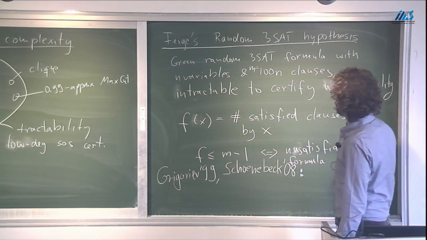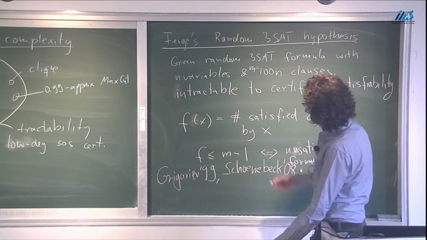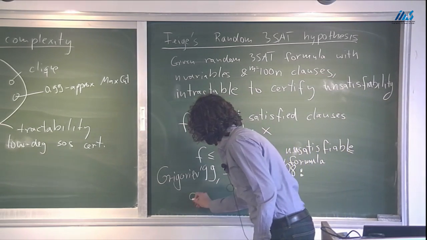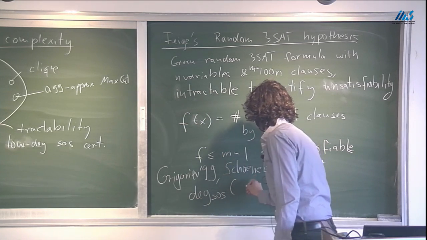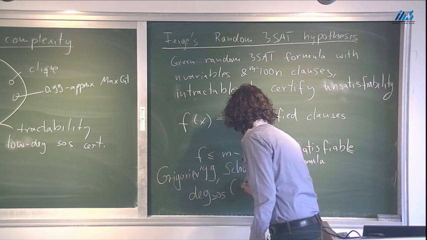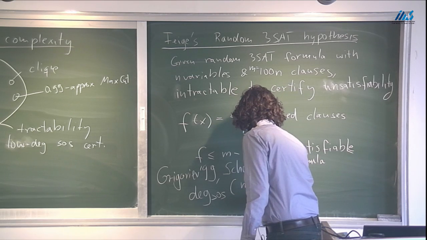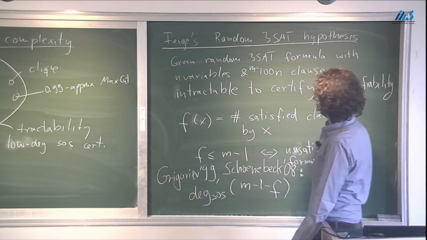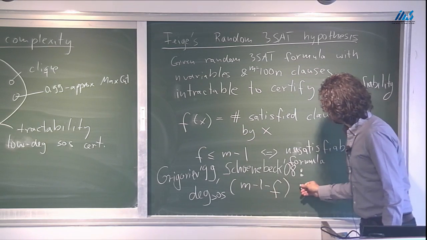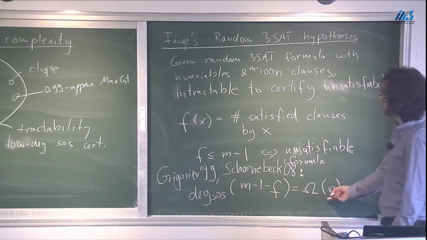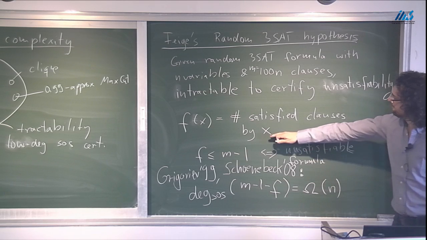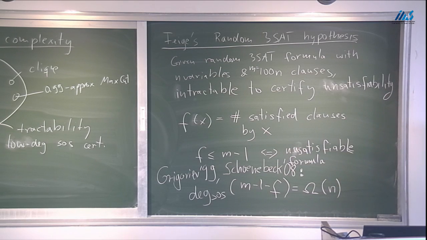What they say is that with high probability, the sum of squares degree of this function is almost as large as it can be. We saw that if you have n variables, then the sum of squares degree of a non-negative function can never be larger than 2 times n.